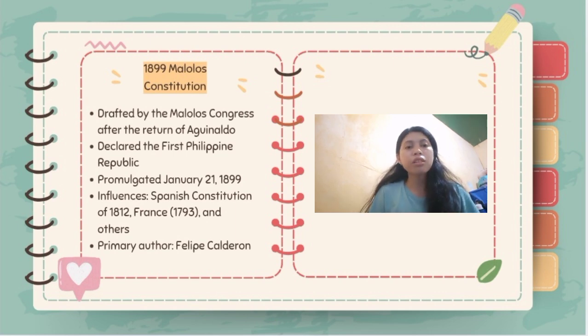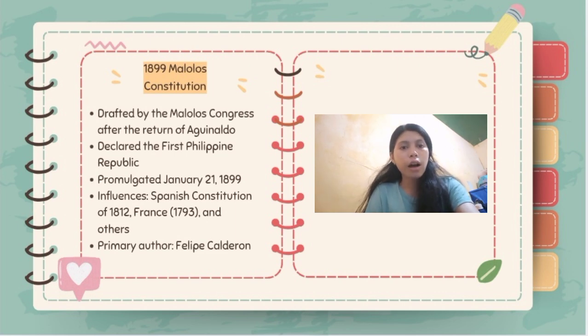For example, it borrowed ideas from the Spanish Constitution of 1812 and the French Constitution of 1793. These constitutions had ideas about democracy and individual rights that the Filipinos wanted to include in their own document.